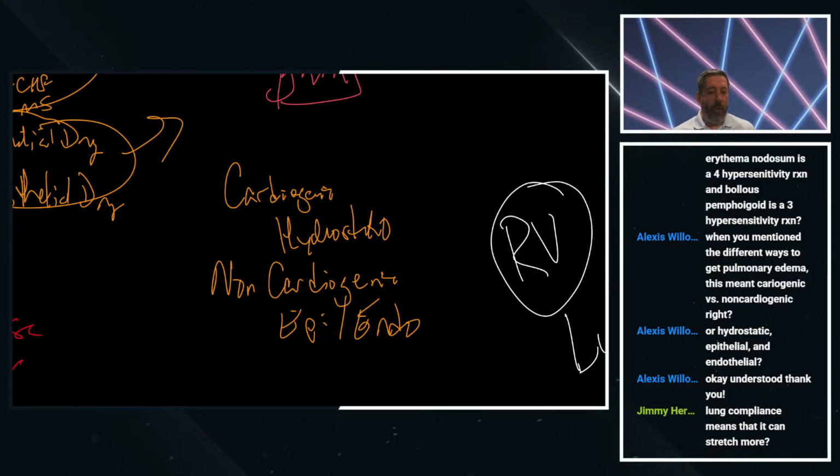They don't drop as much because of the loss of compliance, therefore less air can get in. So it's a stiff lung. They can't really expand because of the loss of compliance, so it doesn't stretch more. When you lose compliance, the stretch goes down.